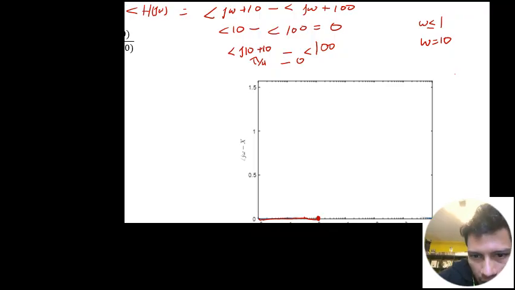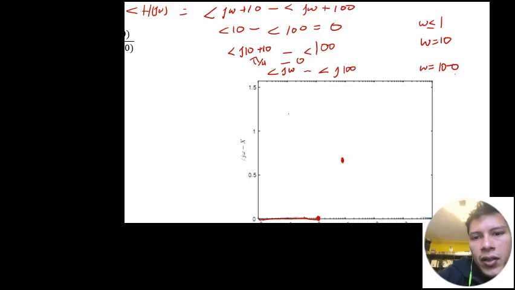So when omega equals 10, we're going to be somewhere around here, which is pi over 4, which is like 1.7 something. Now, when omega equals 100, this one is j omega, so we just replace it by pi over 2 minus the angle of j100 plus 100, which is, again, pi over 4.